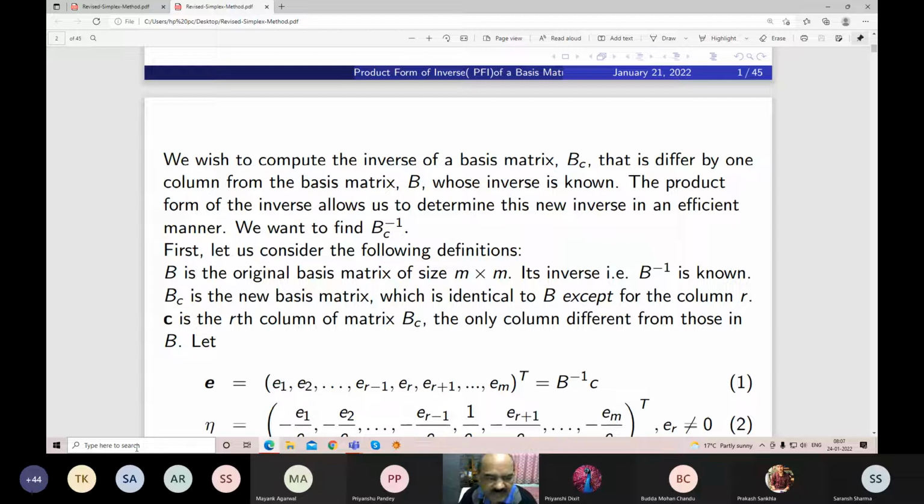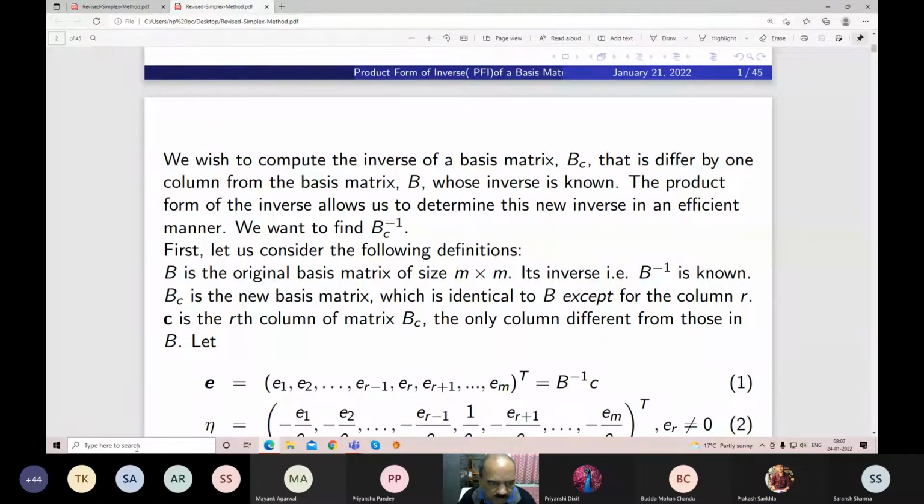Let us consider the extended simplex table. If you consider the extended simplex table, then all the columns are there: columns with respect to the non-basic variables, and columns with respect to the basic variables. The columns with respect to the basic variables will form a basis matrix. Okay, I will explain with some example.